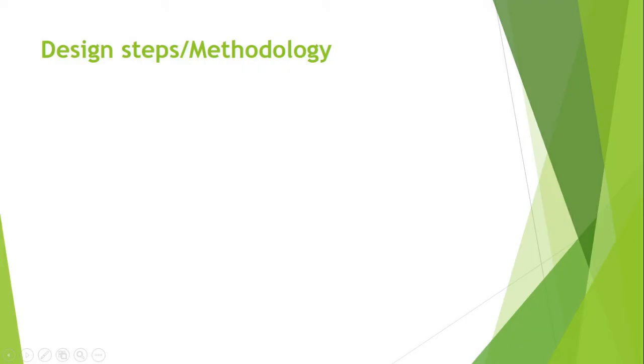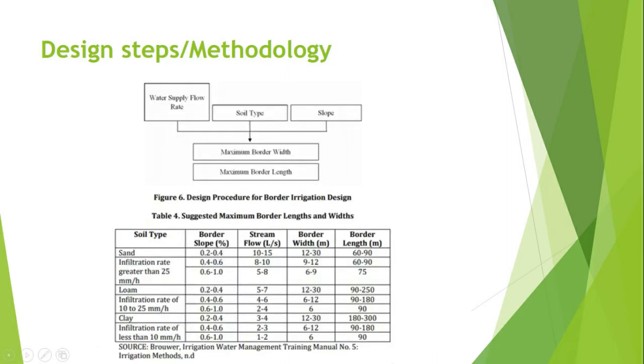Okay, now I will talk about the design steps or the methodology of basin irrigation. The design procedure shown in Table 4 provides a guideline in determining maximum border dimensions based on field experience, and Figure 6 shows the design procedure.